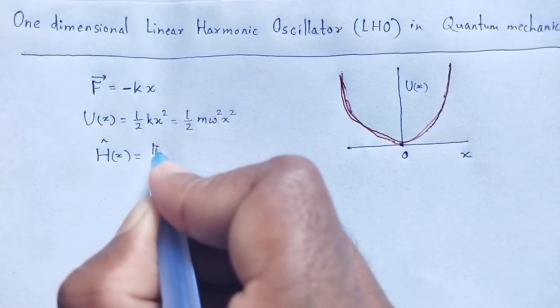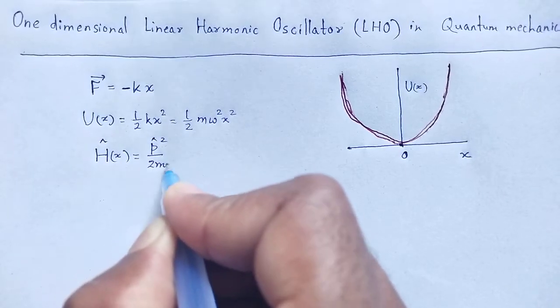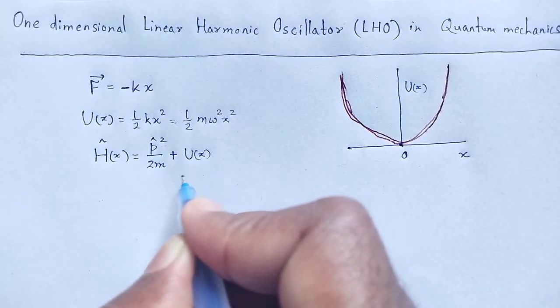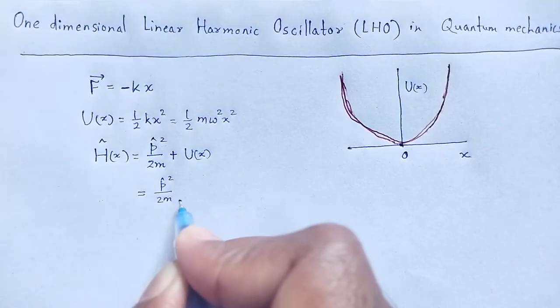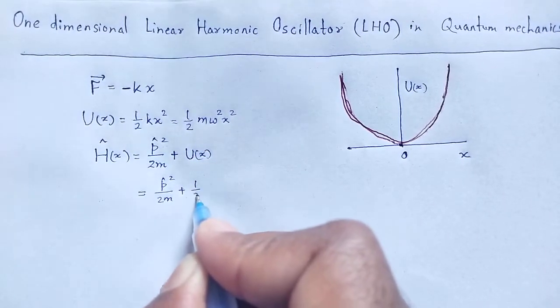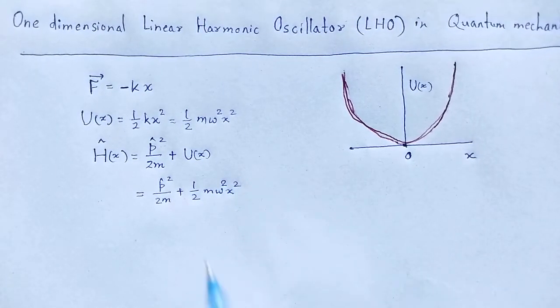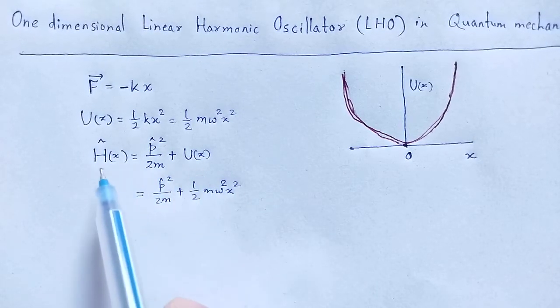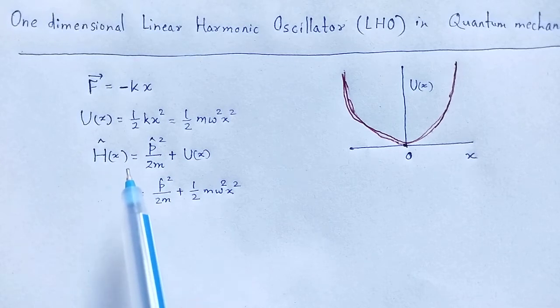Kinetic energy is p cap square divided by 2m, plus potential energy U of x, that is half m omega square x square. Since the potential is symmetric, the Hamiltonian should also be symmetric, meaning H cap of minus x is the same as H cap of plus x.